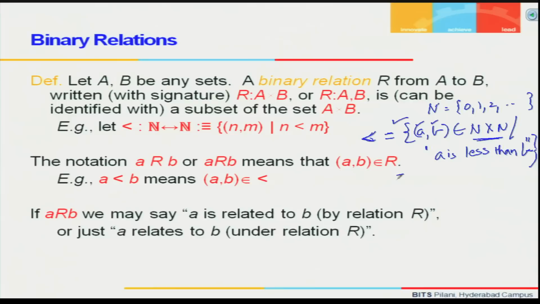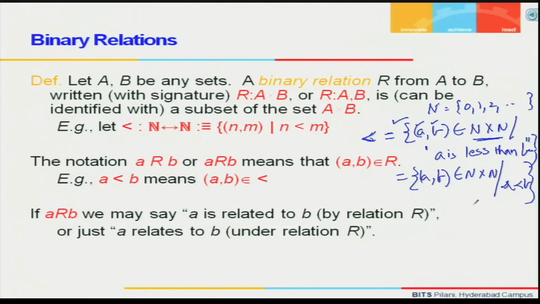This is equivalent to saying the set of all (a, b) in n cross n such that a is less than b. This is a relation. I may call it the less than relation. So if you ask me whether (2, 3) is going to be in this relation or not, I say yes, because 2 is less than 3. Is (4, 7) going to be there?